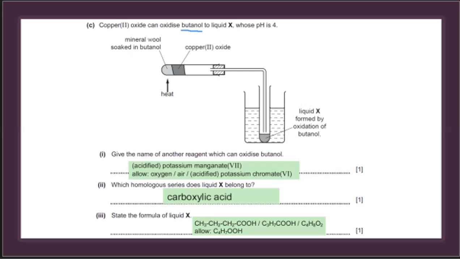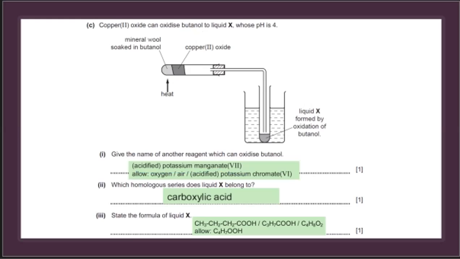Potassium manganate(VII), or potassium permanganate, or potassium dichromate can also act as oxidizing agents and oxidize butanol. So you can put acidified potassium manganate(VII), or acidified potassium dichromate(VI).